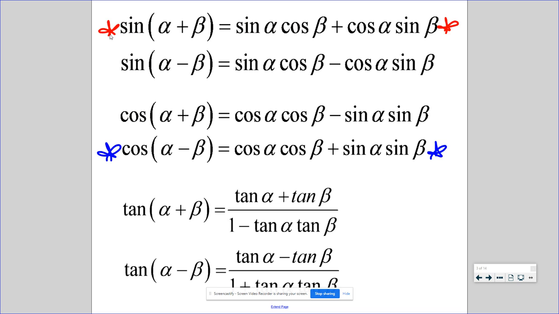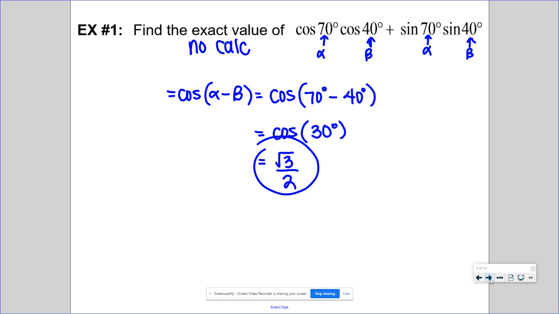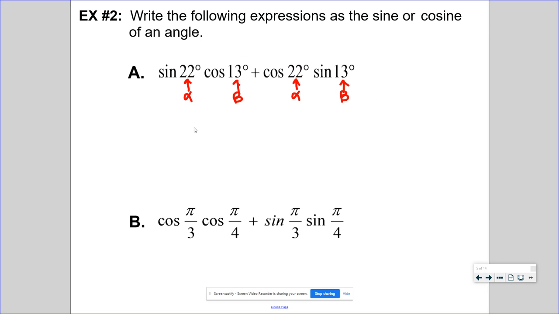Okay, so once we find the correct formula, we are going to then look over to this side here, and it says all this stuff is equal to sine of alpha plus beta. All right, let's try to write it that way. So this is equal to sine of alpha, which is 22, plus beta, which is 13.